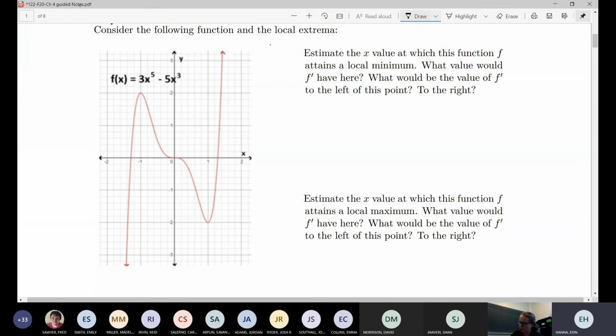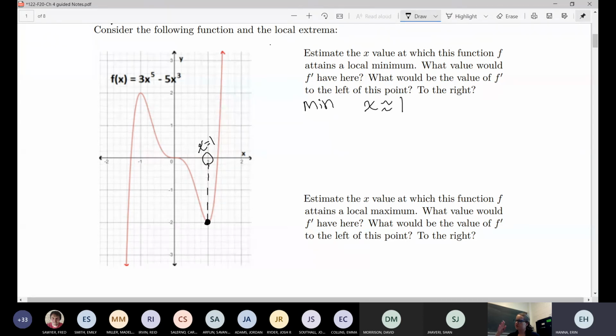That's going to be this point down here. So that's going to be the minimum. At what value is that min? That looks like x equals 1. So we have a min at x approximately equal to 1. Maybe it's not exactly 1. We're not sure yet.